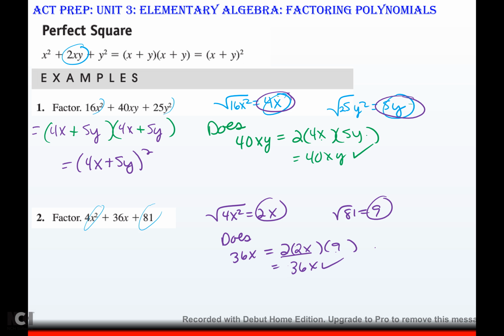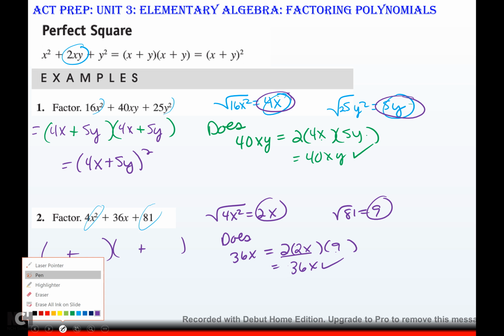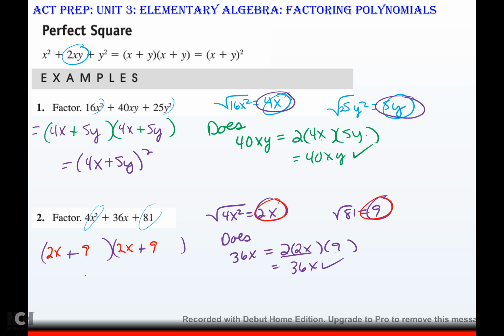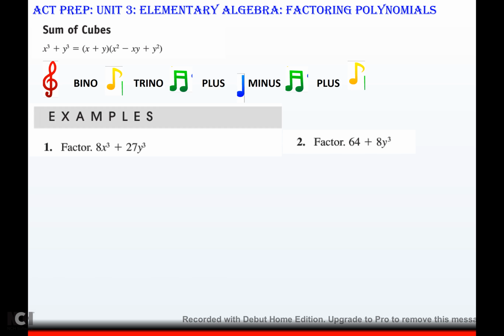It checks, so we're good. Bino, two pluses, and my terms are 2x and 9, which gives me 2x plus 9 squared. Okay, so there's your perfect squares.